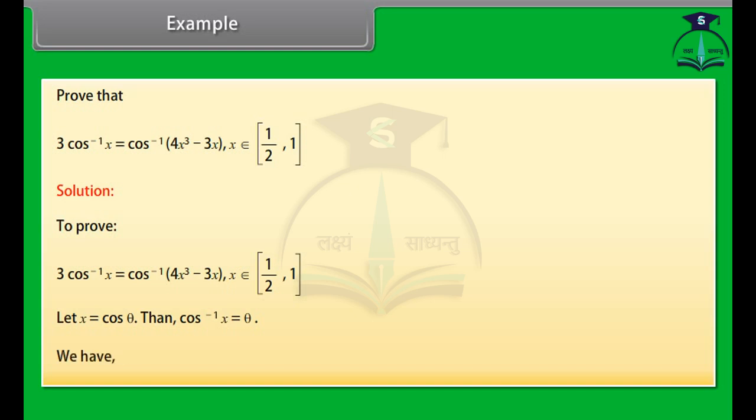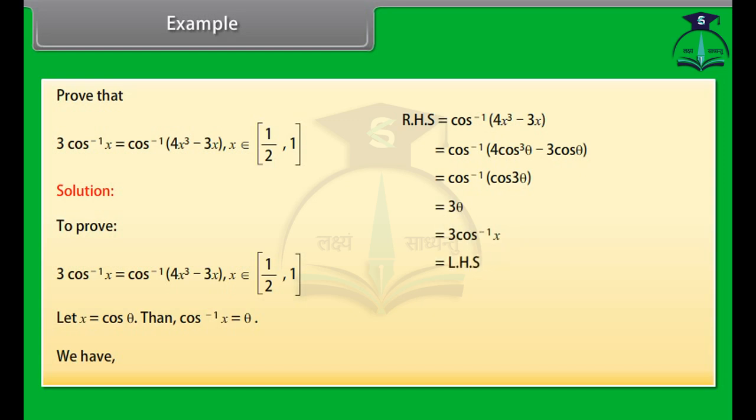We have right hand side is equal to cos inverse 4x cube minus 3x, which is equal to cos inverse 4 cos cube theta minus 3 cos theta, which is equal to cos inverse cos 3 theta, equal to 3 theta, equal to 3 cos inverse x, which is equal to left hand side. Hence, 3 cos inverse x is equal to cos inverse 4x cube minus 3x, x belongs to 1 by 2, 1.